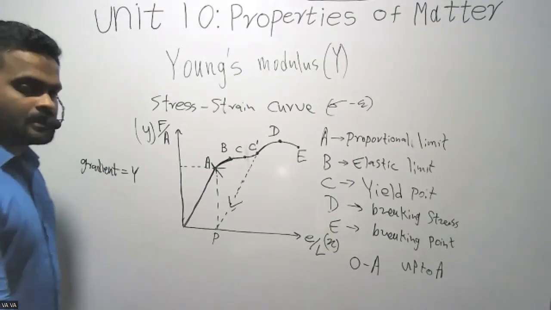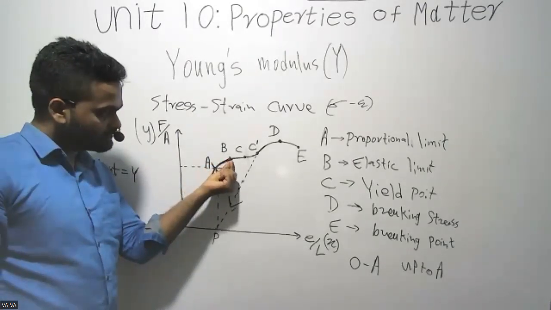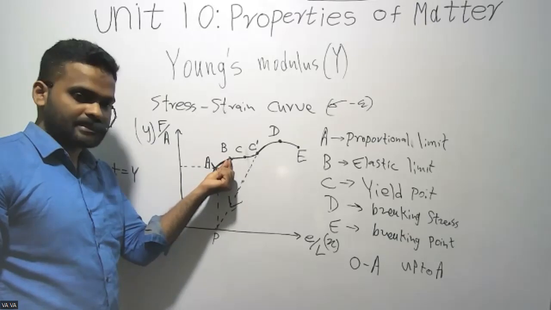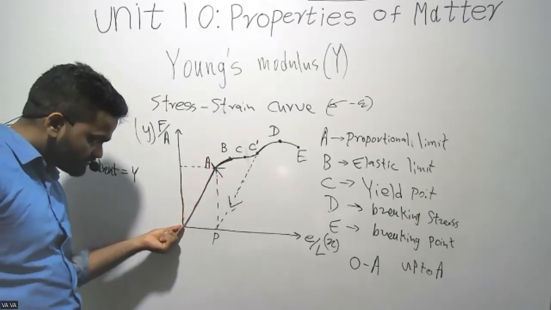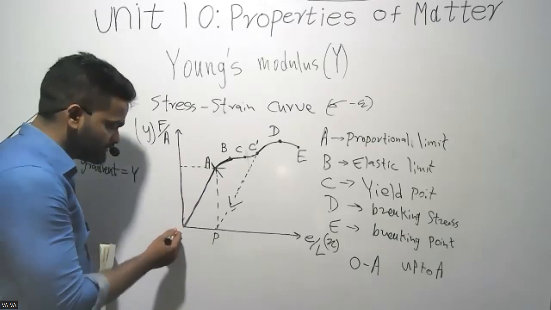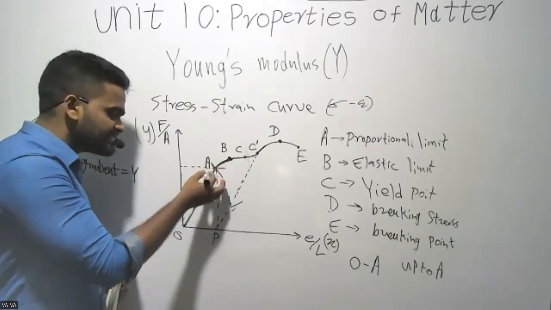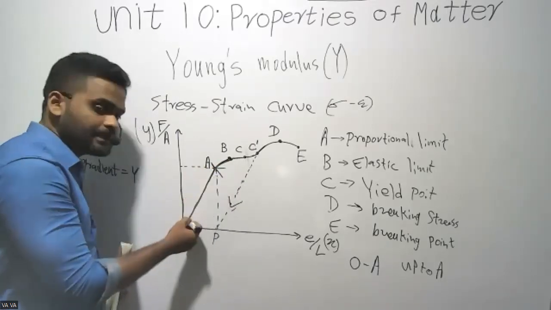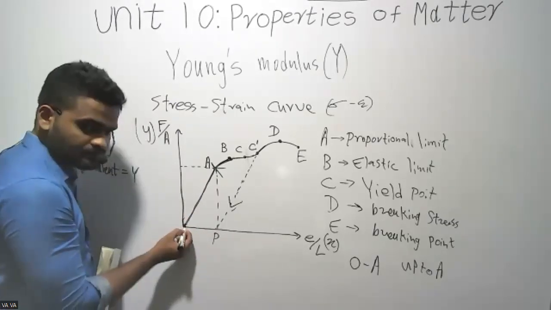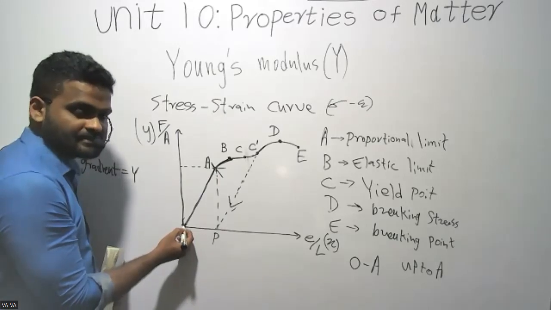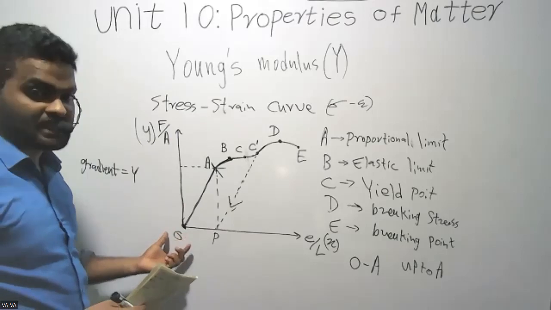So what they say is when you release the force somewhere here, it follows the same graph and comes to zero. Once you remove the force, strain becomes zero. There's no extension of the wire. It doesn't have a permanent change.